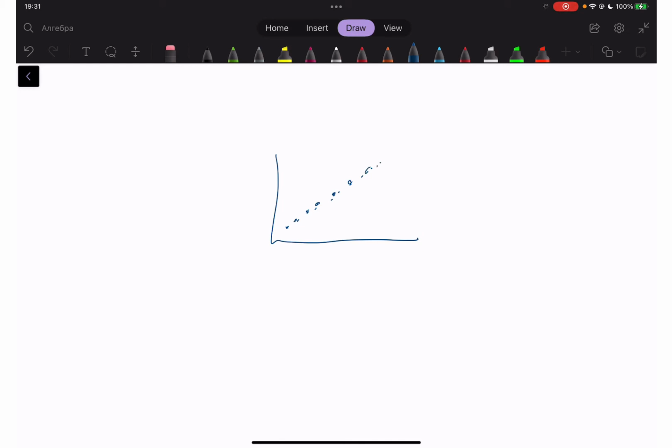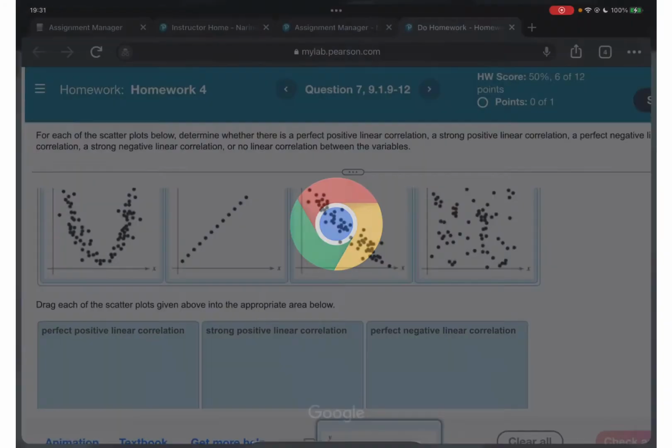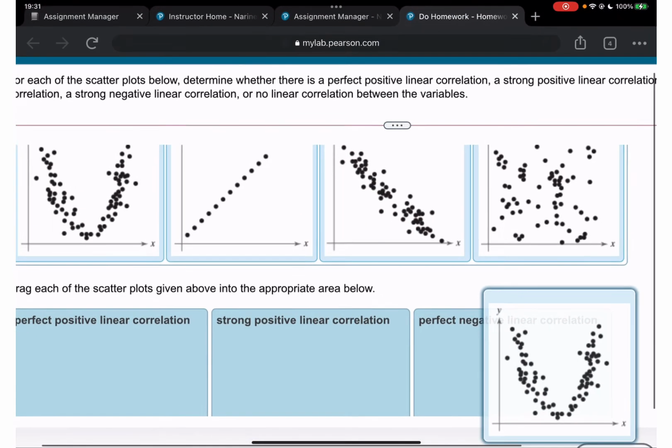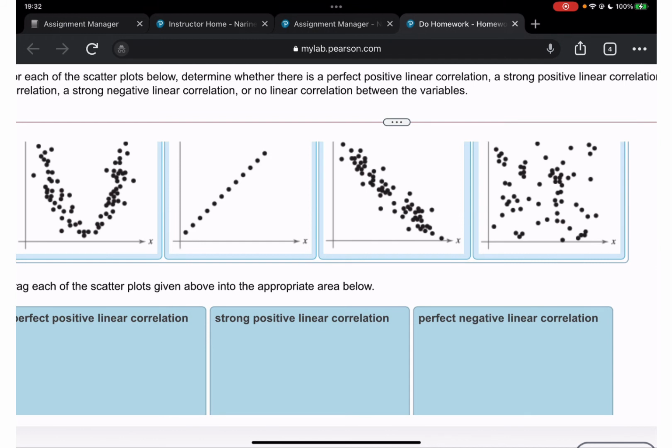Then the strong linear correlation is going to be something like this. Some residues, but it's still going up. If I provide a straight line in between, it still will be strong positive linear correlation. The difference is this is ideal, perfect, and this one has some errors. So we don't have in this case a strong positive linear correlation.